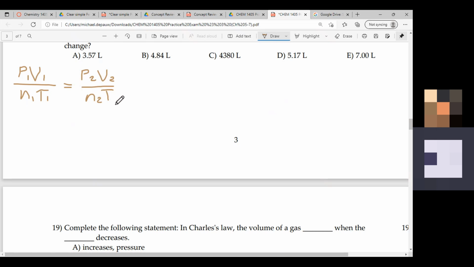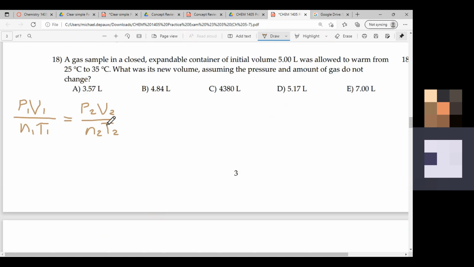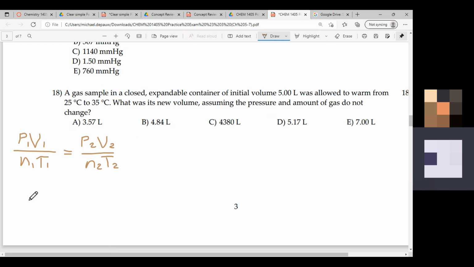This has all the other gas laws in it. Now here's the thing. If anything is not changing, you can take it out of the equation and ignore that particular piece.